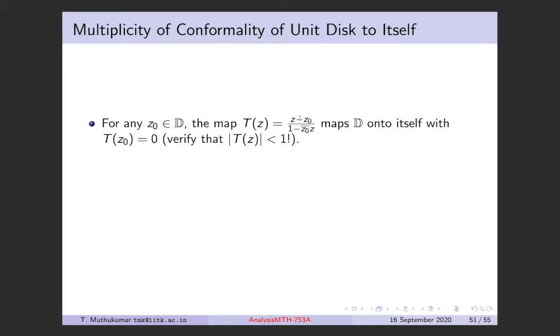So now you can do something further. You can even rotate this map. See, it's a map from the unit disk to the unit disk, right? So you can rotate this map, and any rotation of this map is also a conformal map from unit disk to unit disk, because rotation is not going to change the angle, so it still remains conformal, right?